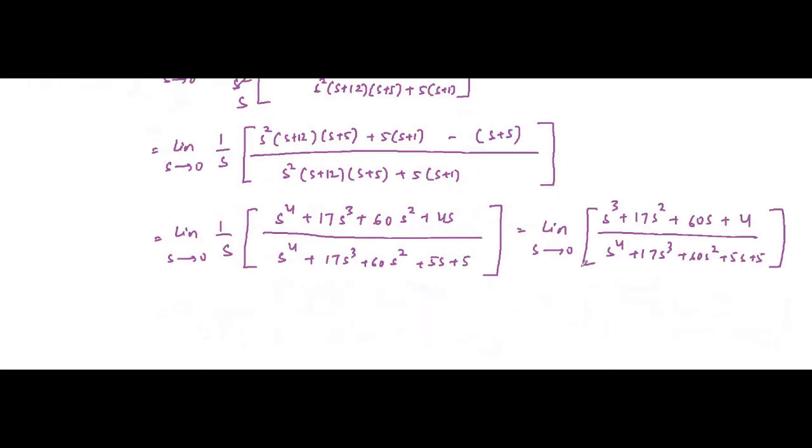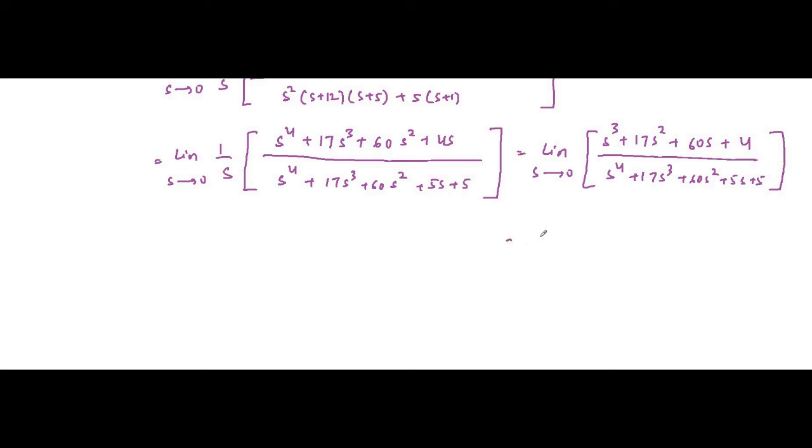So now when we substitute s with 0, the numerator is 0 cube plus 17 into 0 square plus 60 into 0, which is 0, plus 4, and the denominator is 0 to the power 4, 17 into 0 cube, 60 into 0 square, 5 into 0, all 0, plus 5. So it is 4 by 5, which is equal to 0.8.